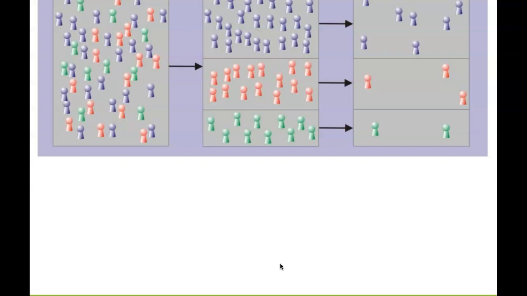Go ahead, Grace. Good. Stratified. We have the population. It looks visually like they believe it differs based on the color of these game of life characters. So they separate those first, and then they take a simple random sample from each strata to combine it for the overall sample.